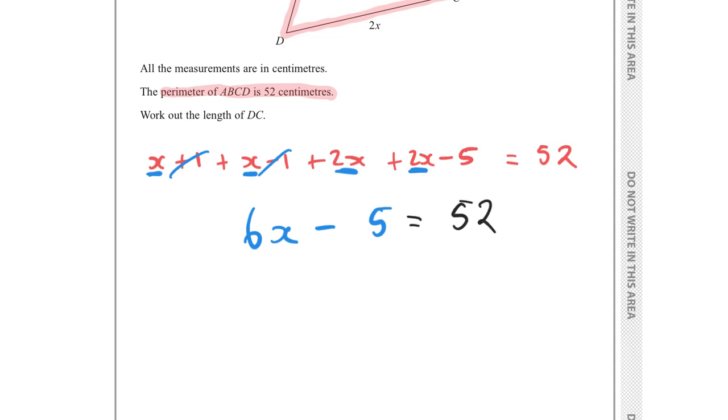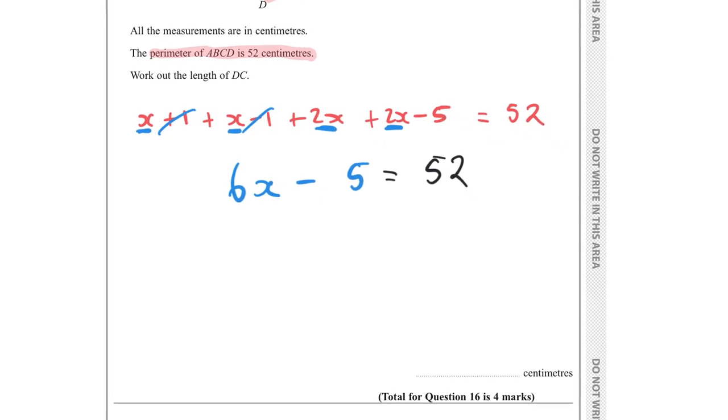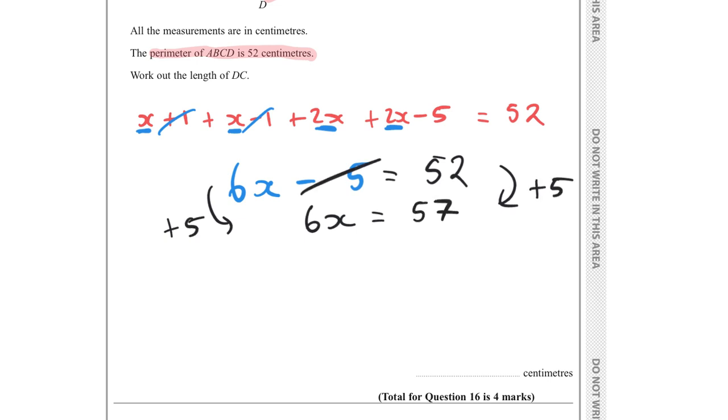Okay, and now we're going to solve this, try and find out what x is. Alright, so first thing, like what I was saying with the equations earlier, we want x equals, right? So we're going to first get rid of this minus 5 that's chilling on the x side. It needs to go. So 6x, we're going to plus the 5, because now I can say it's gone, plus the 5, 6x equals 57.